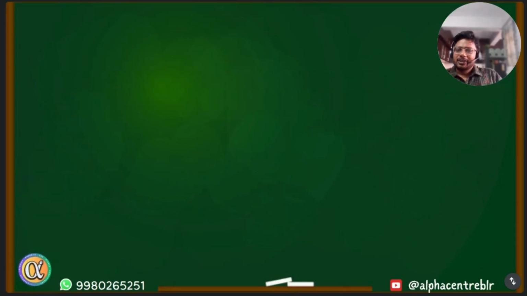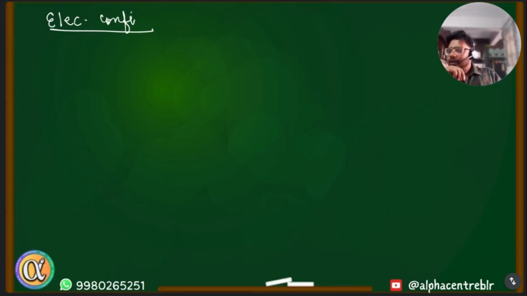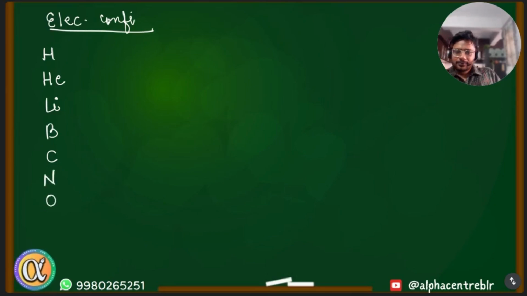I think I need a little help in listing the elements. Vanshika, the first 5 elements. Hydrogen, helium, lithium, beryllium, boron, and carbon. The next 5, Mona. Nitrogen, oxygen, fluorine, neon, and sodium.